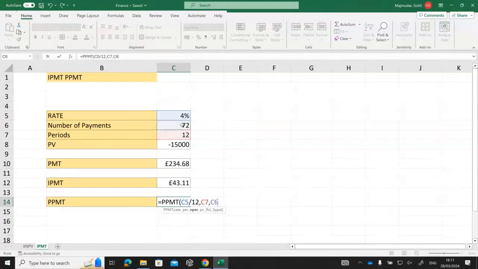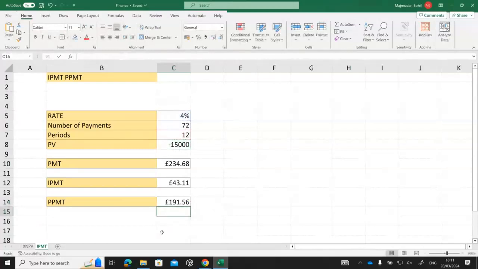Click on the total number of payments and comma present value, same thing. Close and enter. So look at that. In the 12th month, 191 will be the principal deducted, and 43 will be the interest which the bank will take.